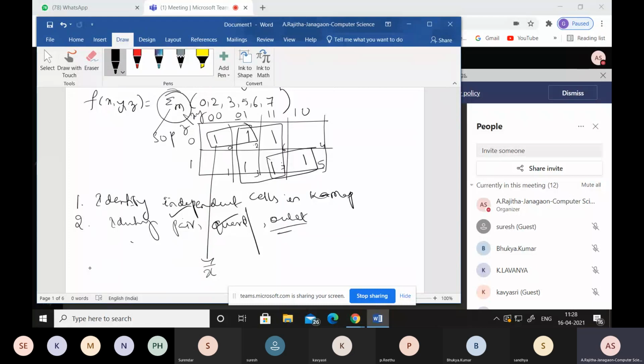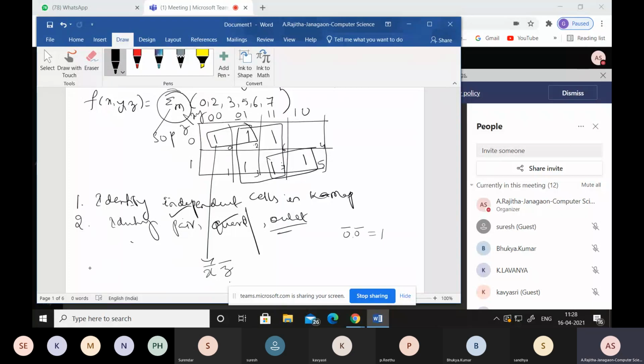Since we are taking a product, for 0, 0 to give 1, when is it possible? 0 complement and 0 complement, then only 1 is possible. That's why here x complement. Now, in this pair, 0 is the common, so z complement. So x complement, z complement. From these two pairs, this is the minimum term.